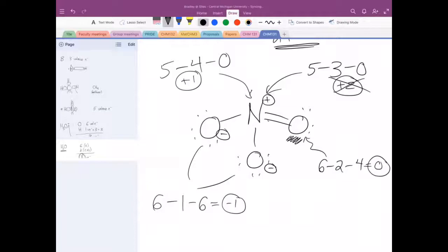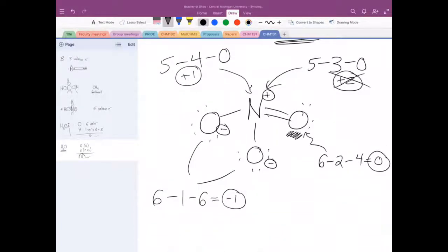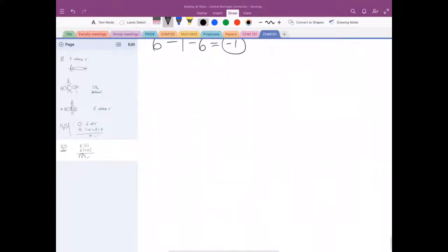All right. There is another example. So what if you were to do this? So instead of just one double bond, what if you were to do the Lewis structure like this for NO3 minus? So you're probably wondering this, right?